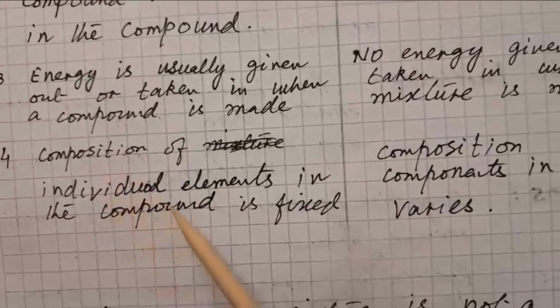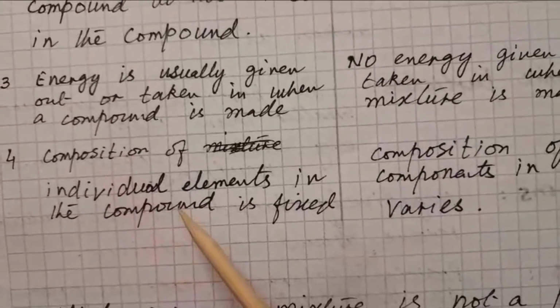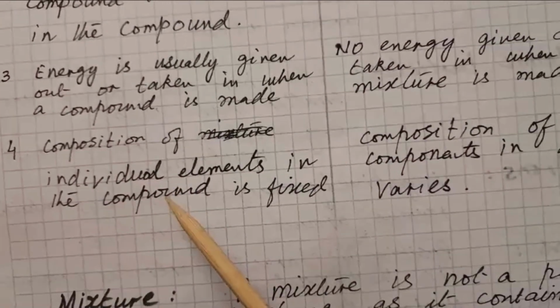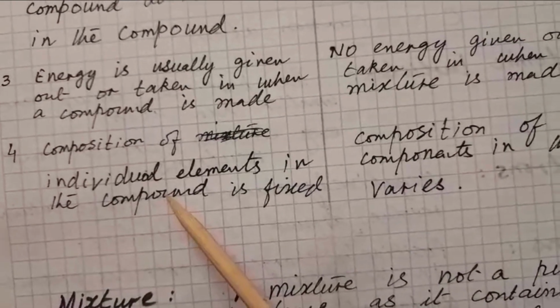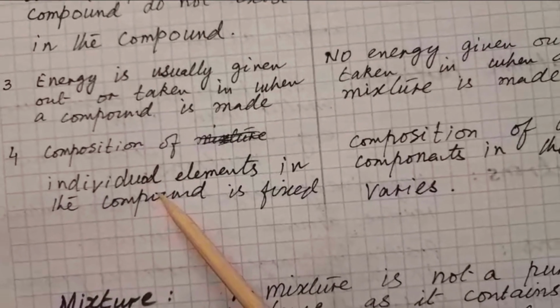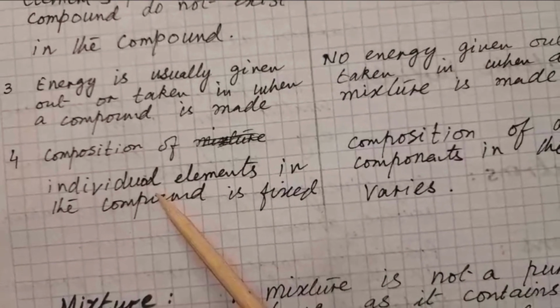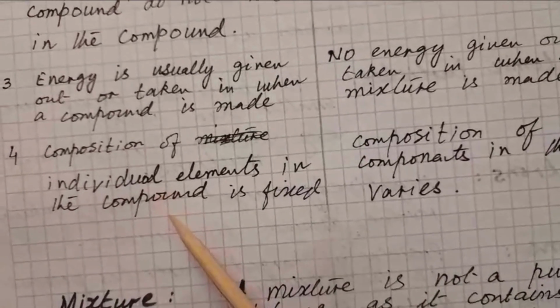composition of individual elements in the compound is fixed. For example, if you take the molecule of water, there will always be two atoms of hydrogen and 1 atom of oxygen, and in the molecule of compound methane, CH4, there is always 1 atom of carbon and 4 atoms of hydrogen.